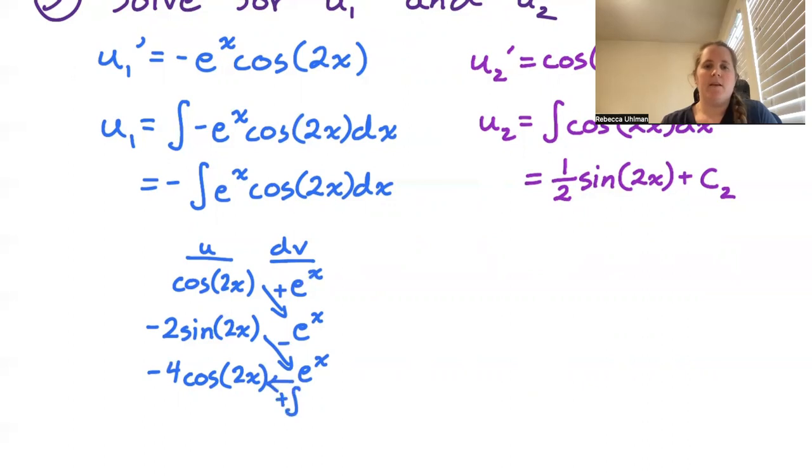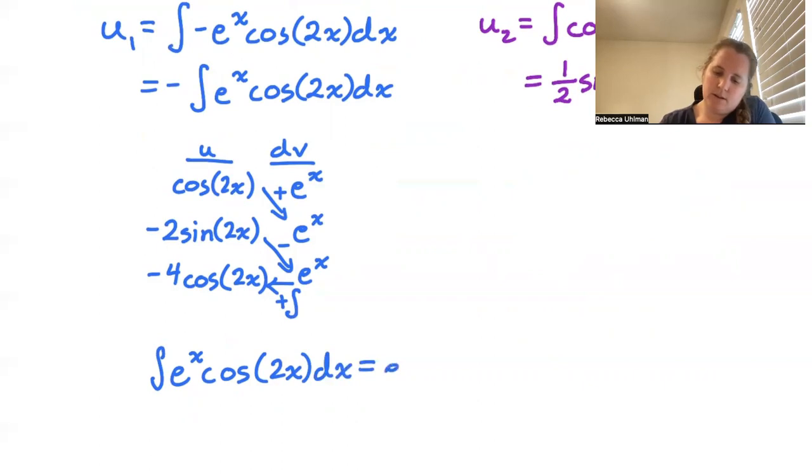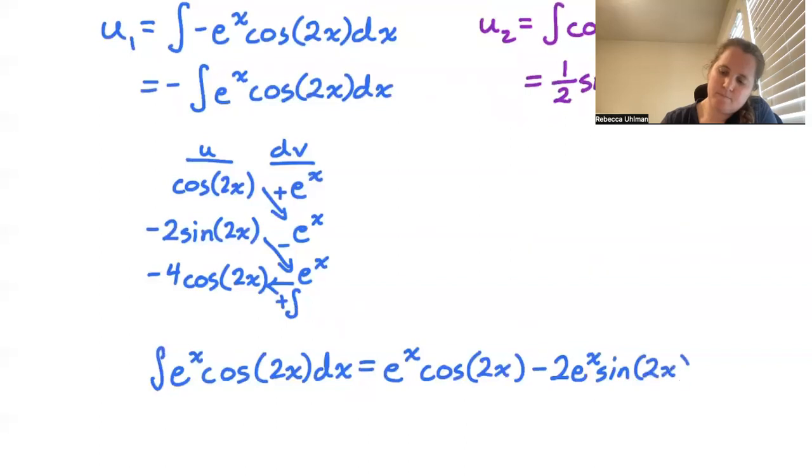integral. So we have the integral of e^x cosine of 2x dx is equal to e^x cosine of 2x minus 2e^x sine of 2x minus 4 times the integral of e^x cosine of 2x dx.